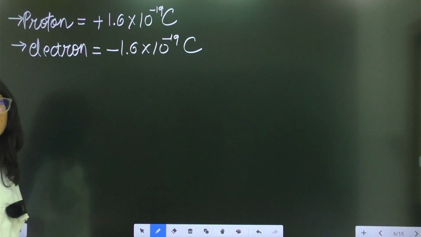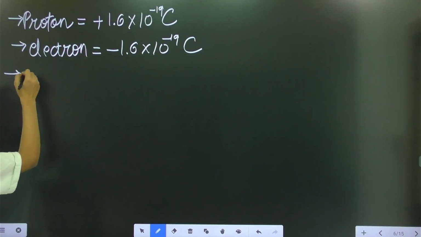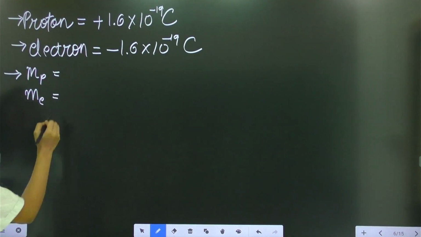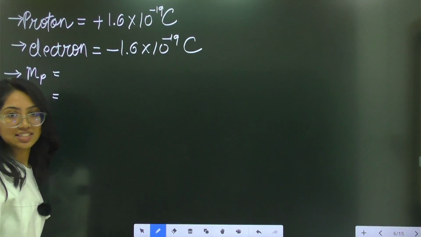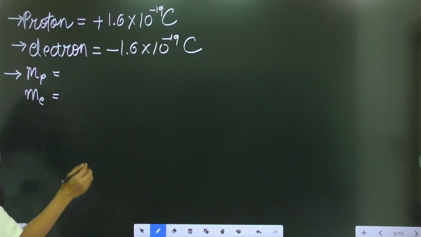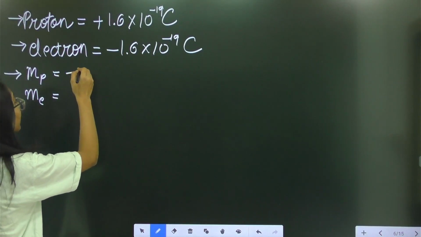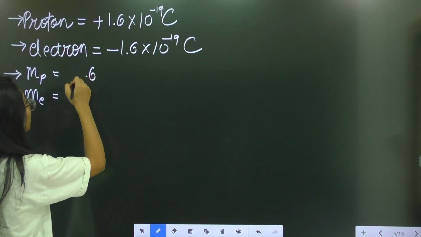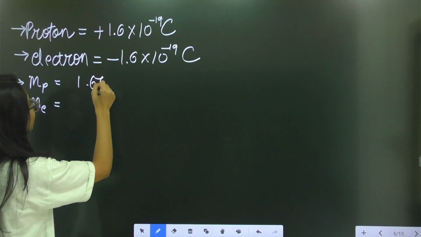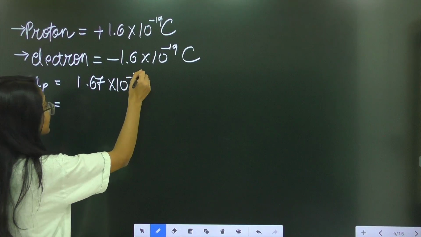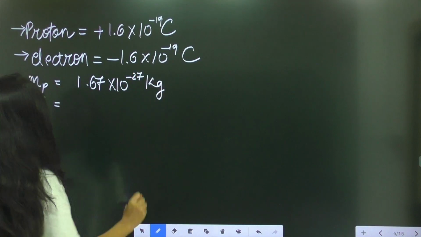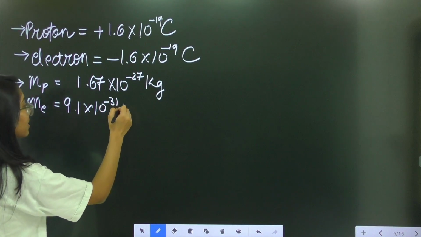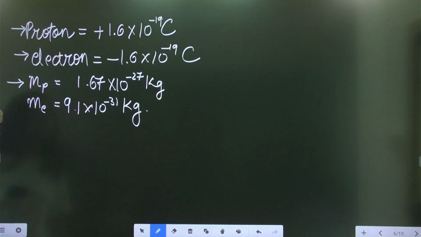And one more data is there: the mass of proton and electron. So mass of proton and mass of electron is also the fundamental data for studying physics and chemistry and science. So mass of proton is 1.67 into 10 raised to minus 27 kg. And the mass of electron is 9.1 into 10 raised to minus 31 kg, right?